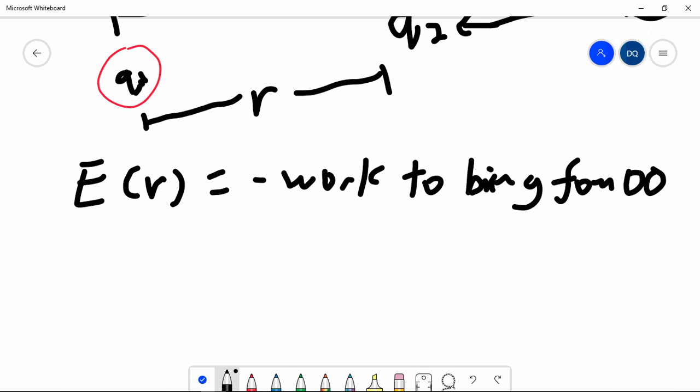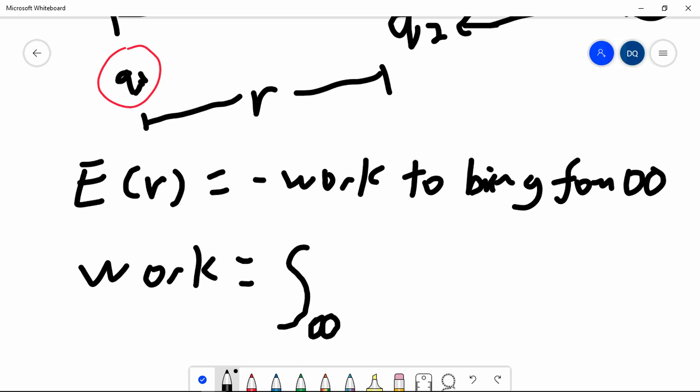Okay, so how am I going to find the work? The work is what we get when we add up every step from being infinitely far away to our distance r of the force multiplied by the step that we take.